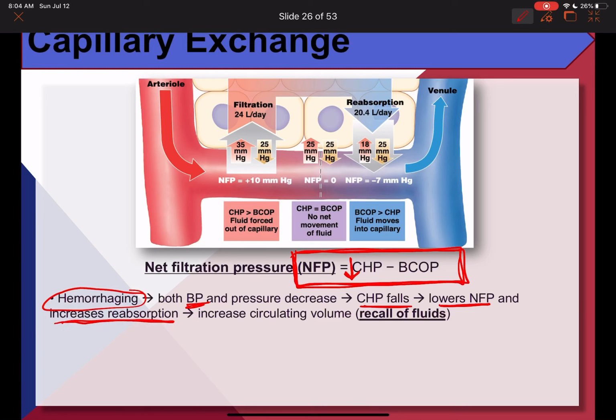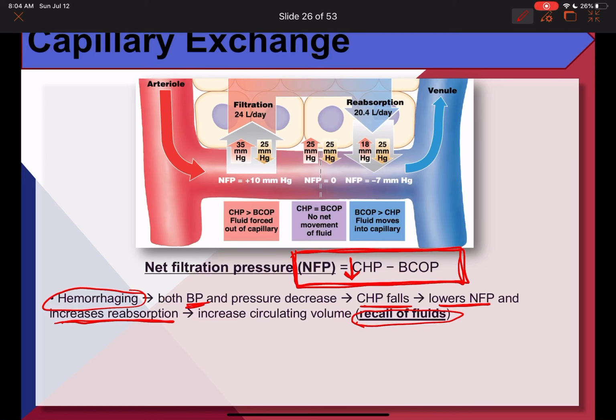Which means more fluid will move from your tissues and cells back into blood, and in a sense, increasing your blood volume back up. This process is known as the recall of fluids.